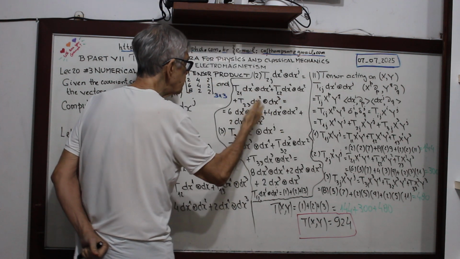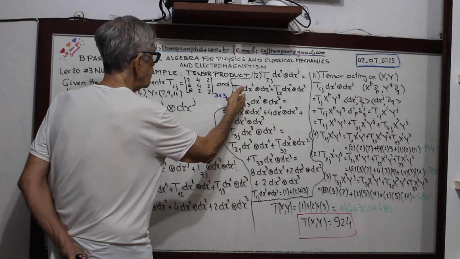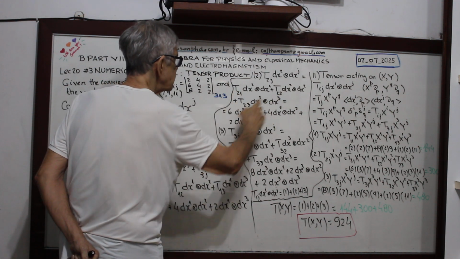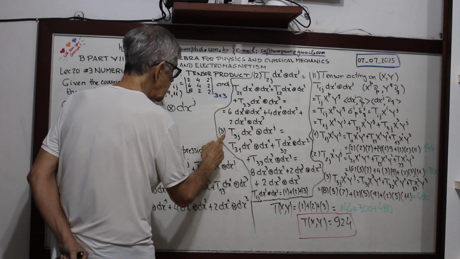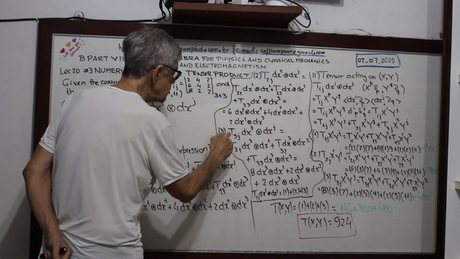Again, I substitute the coefficients, where T21 is 6, T22 is 4, and T23 is 2 again.